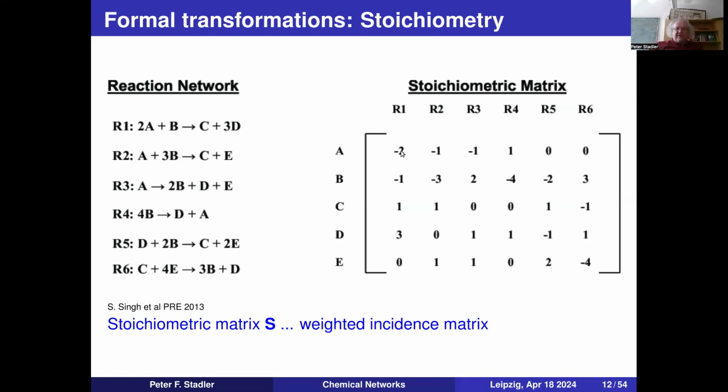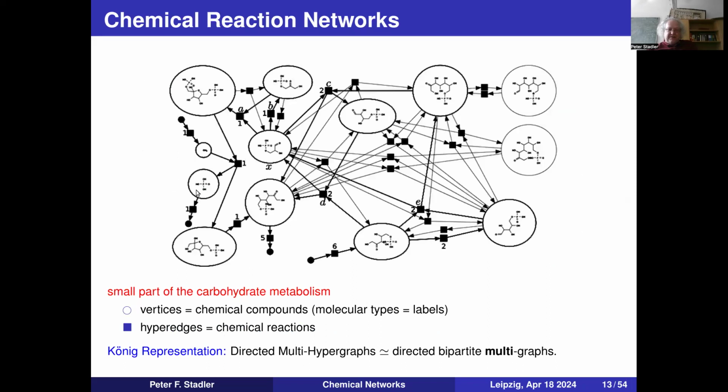For the reactions, which we write as the columns in this matrix, we just ask what are the entities that are consumed in that reaction, and what are the entities that are produced, and that gives us this matrix that encodes in matrix form what we've written down here as the chemical network.